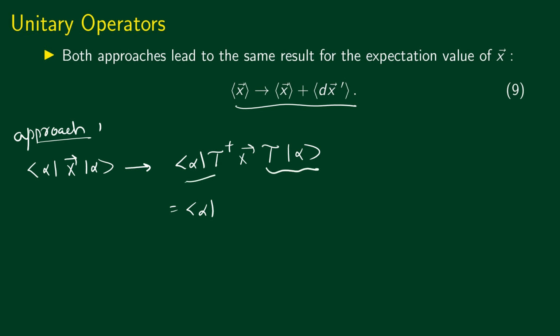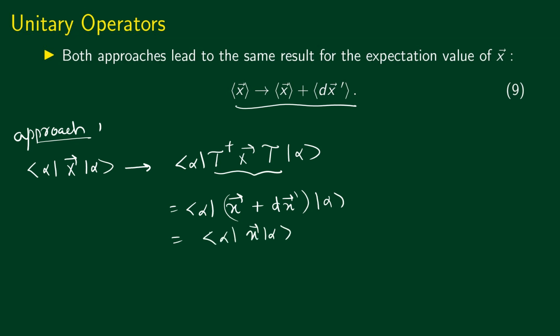So this is equal to bra alpha x vector ket alpha plus bra alpha dx vector prime ket alpha. Dx vector prime is not an operator, but still we can write this as the expectation value of x vector plus the expectation value of dx vector prime.